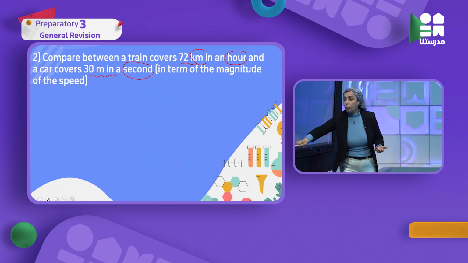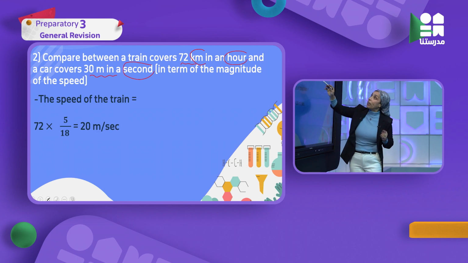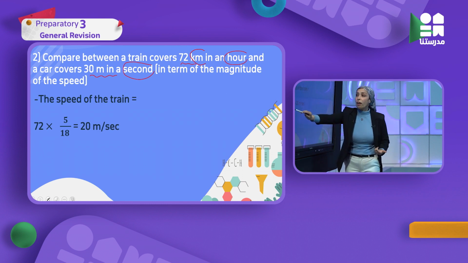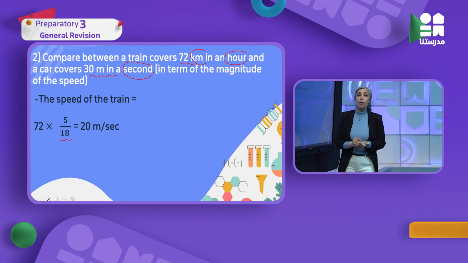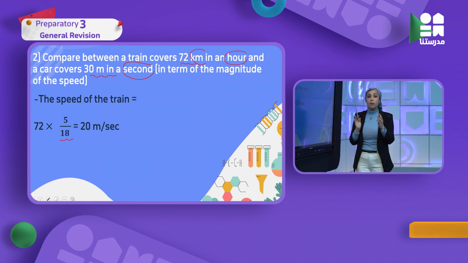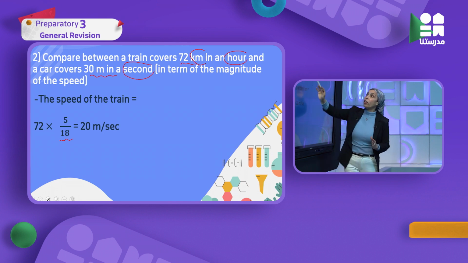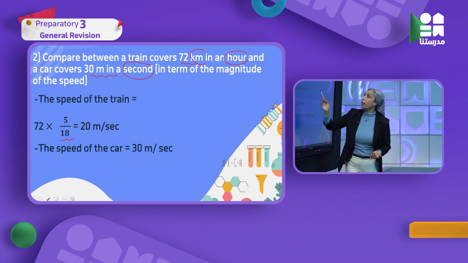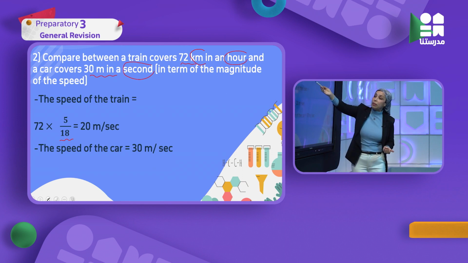I can convert the first one from kilometers per hour to meters per second. You have to multiply kilometers per hour by 5 over 18, which is a number you have to memorize very well. So the speed of the train is 20 meters per second, while the speed of the car he gave me here is 30 meters per second.